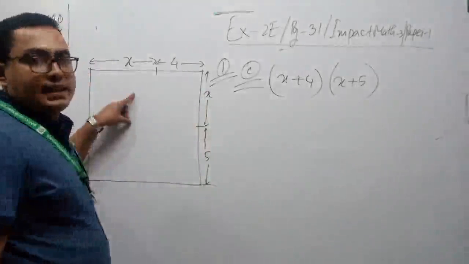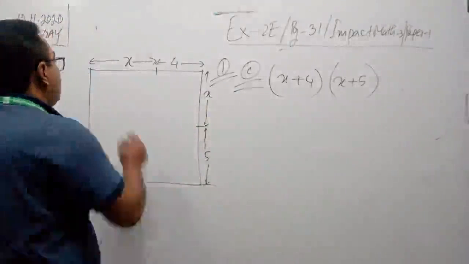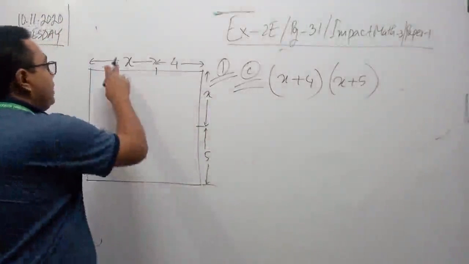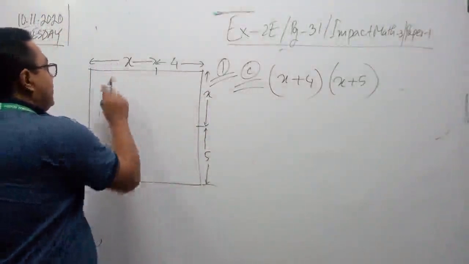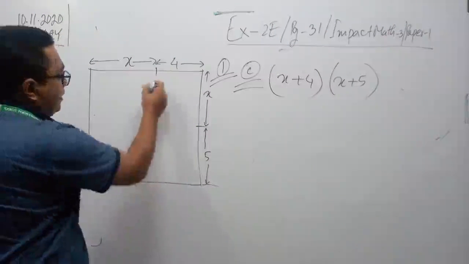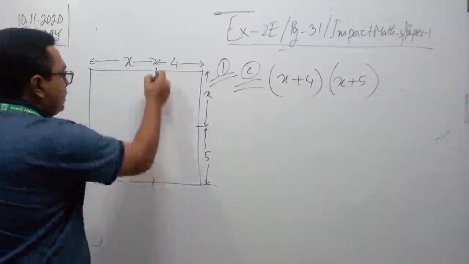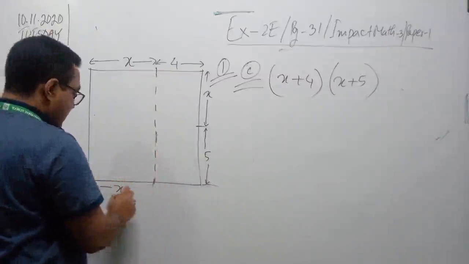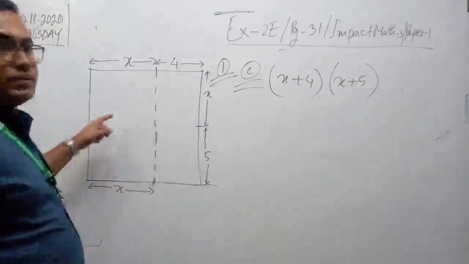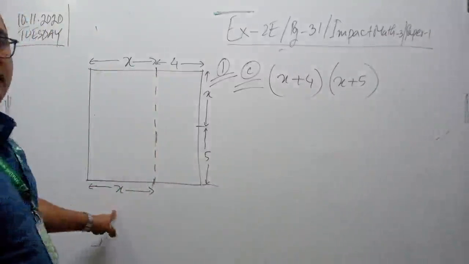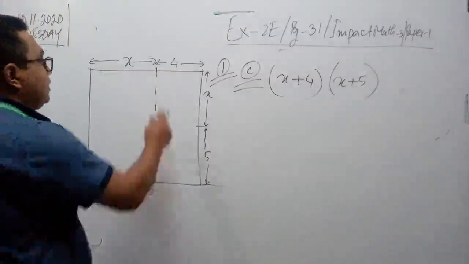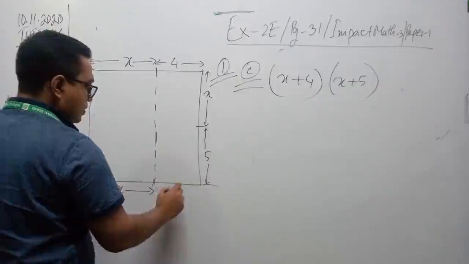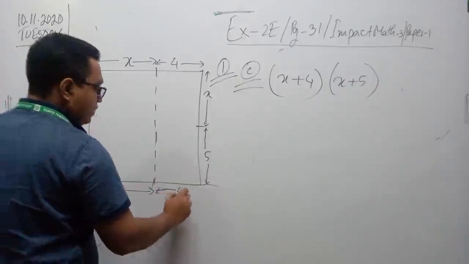Now, if this is a rectangle, look here, this part is x, so the corresponding bottom part here will be x. If this part is x, that part will be x. If this one is 4, here will be 4.